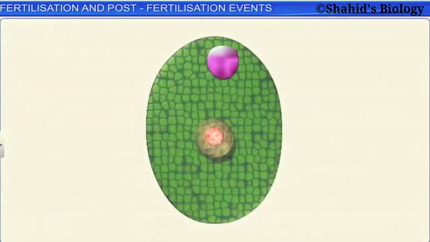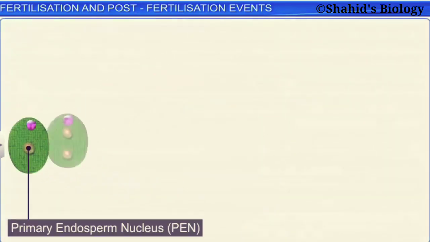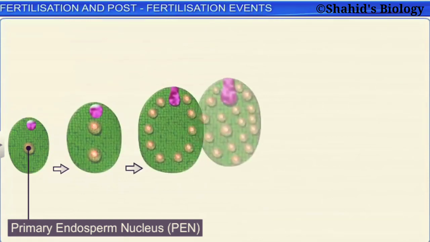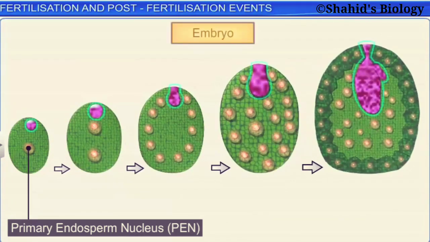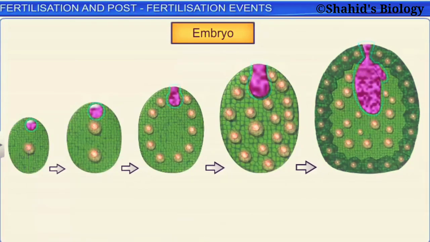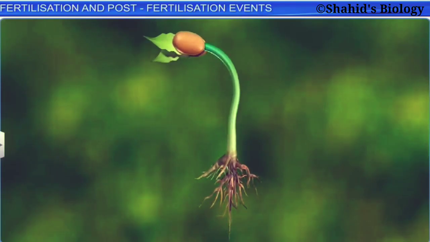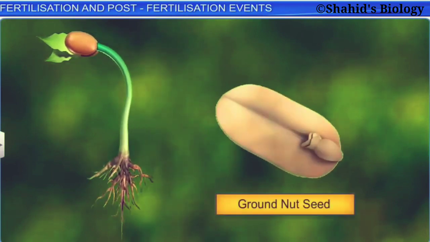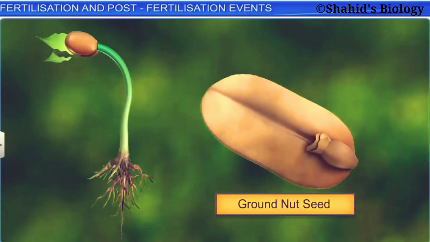Incidentally, the development of the embryo, also known as embryogeny, occurs only after a certain amount of the endosperm has developed. In fact, in some plants, such as groundnut, that belongs to the bean family, the mature seeds lack endosperm, as it gets completely absorbed by the developing embryo.